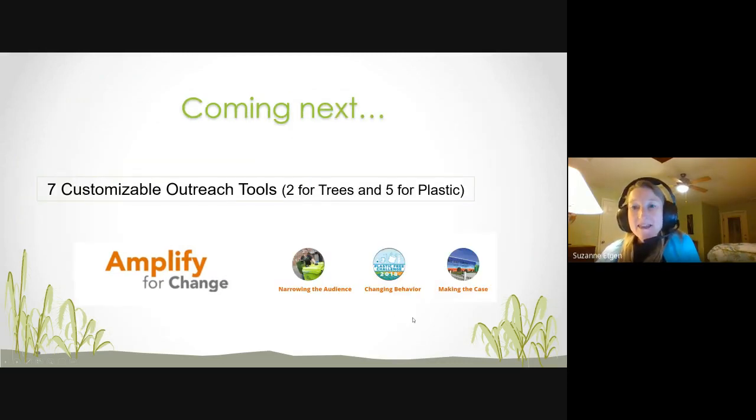The next thing they're doing is creating 7 customizable outreach tools. We decided to do two tools for trees and 5 for plastics, because plastics is such a big, broad category. These will be example messages and graphics, plus the tool type.